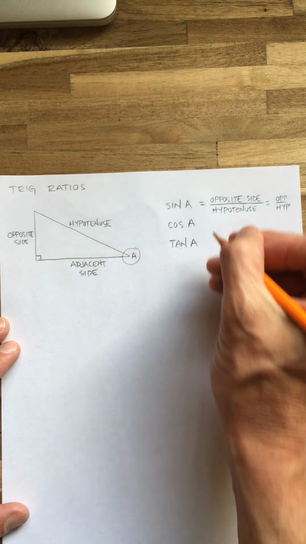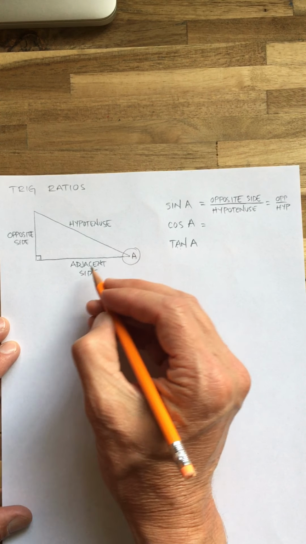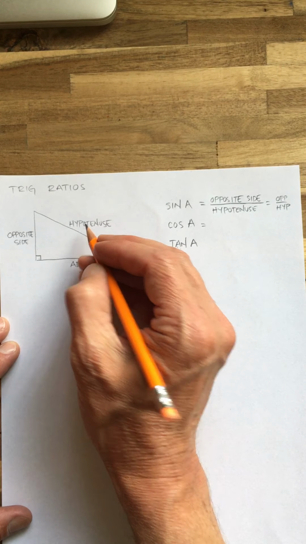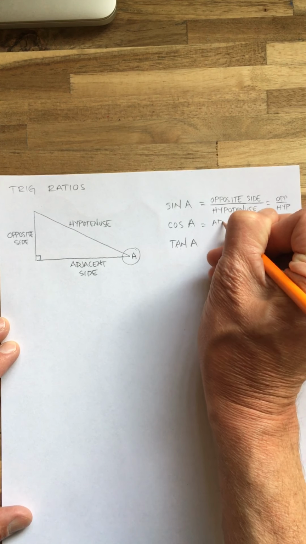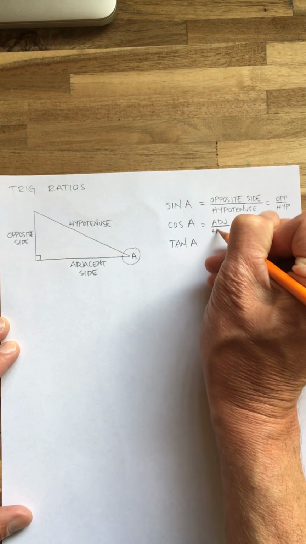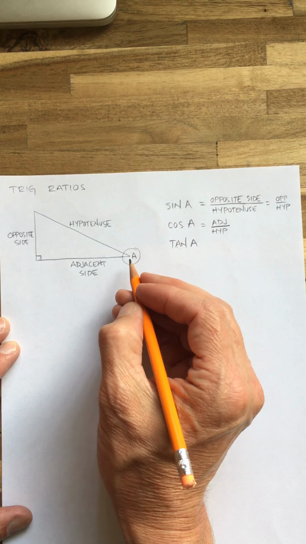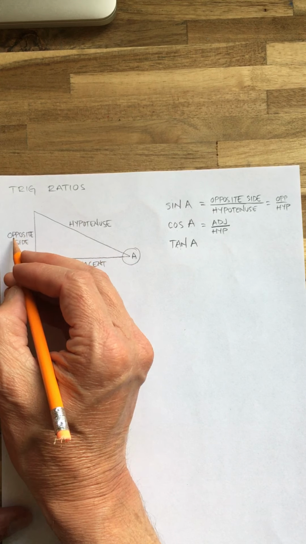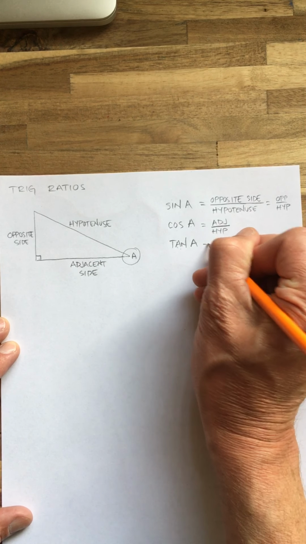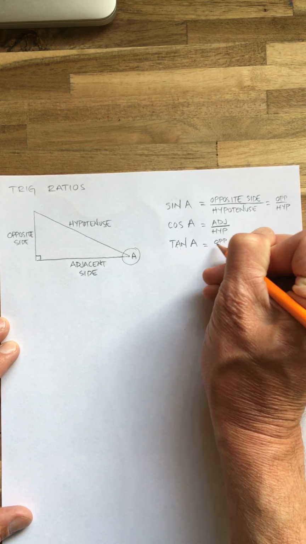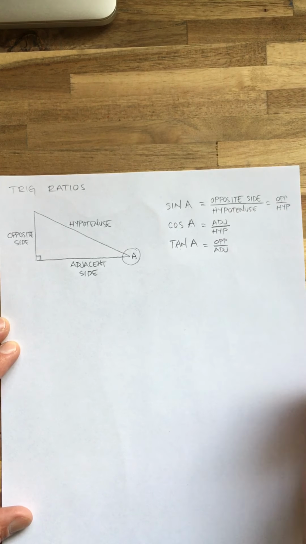Now the cosine is going to be the adjacent side over the hypotenuse. And then the tangent of angle A is going to be the opposite side over the adjacent side.